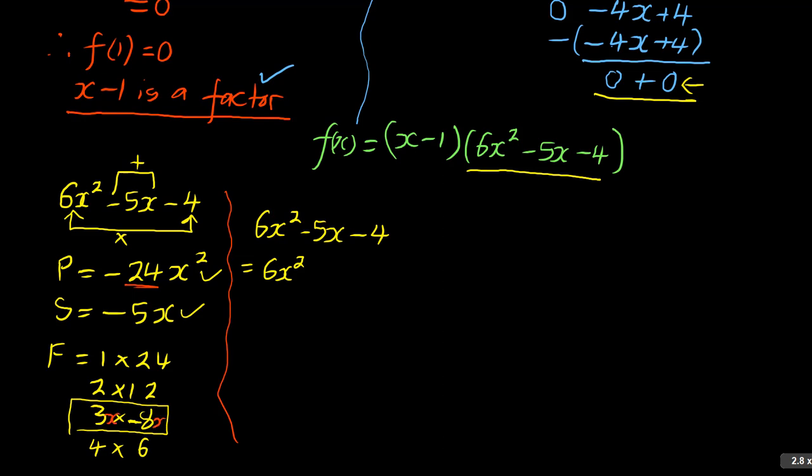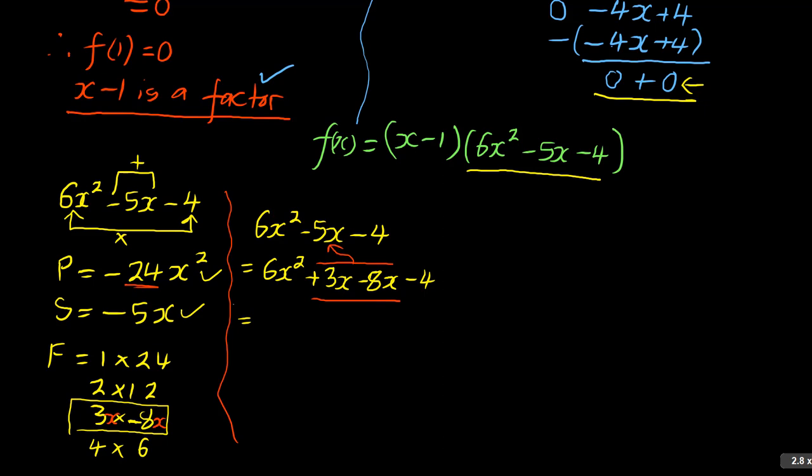So in other words, you are going to have a plus 3x minus 8x minus 4. Now remember, this plus 3x minus 8x is the one that is representing the negative 5x. So if you continue, we are going to then factorize.